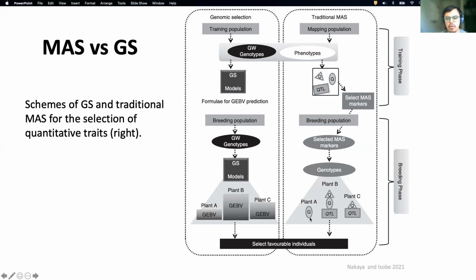So if this is a breeding program and you are just going to select the best line, you are going to select plant B because it has the 3 QTLs. So basically you just need 3 molecular markers and three primers to amplify those three QTLs or molecular markers, and you can select just with that information.